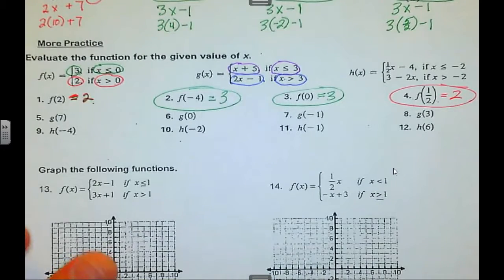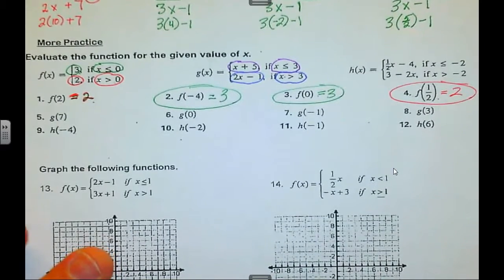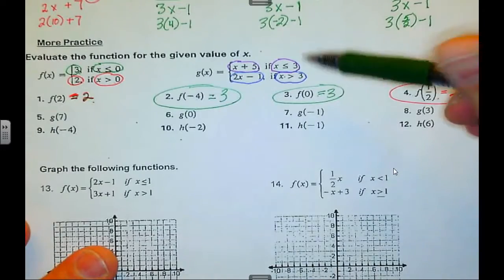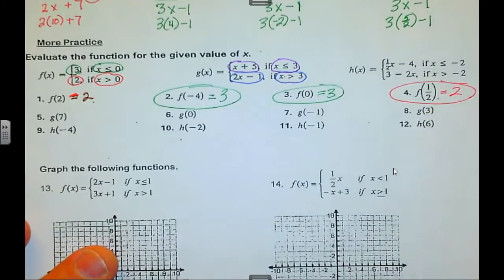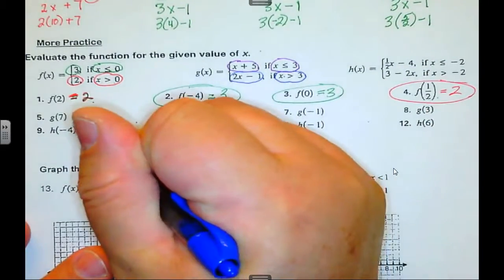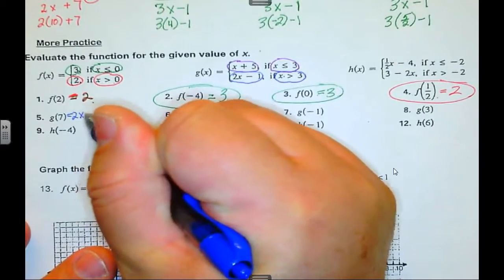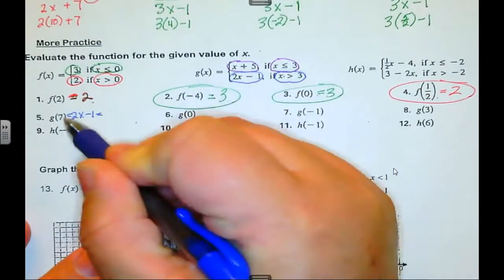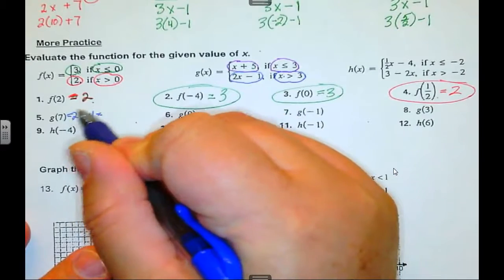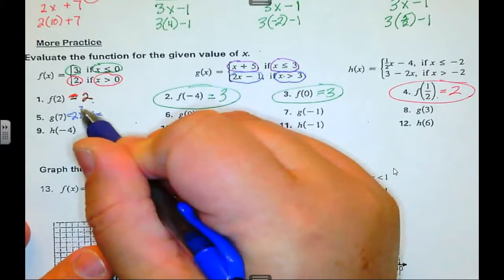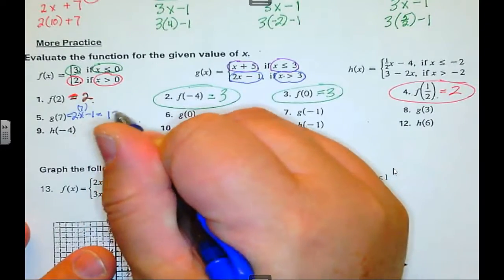So number 7, my x is 7. Which one? The bottom one, so it's 2x minus 1. And then I substitute in 7 for the x. 7 times 2? 14. 14 minus 1.